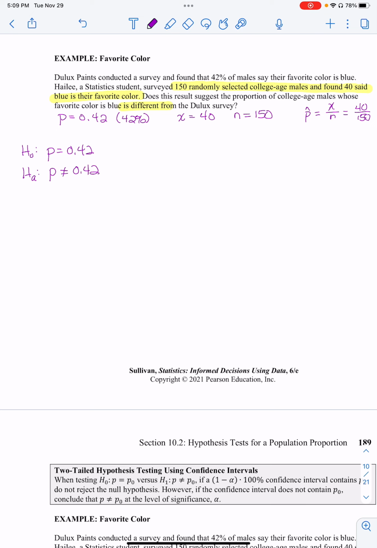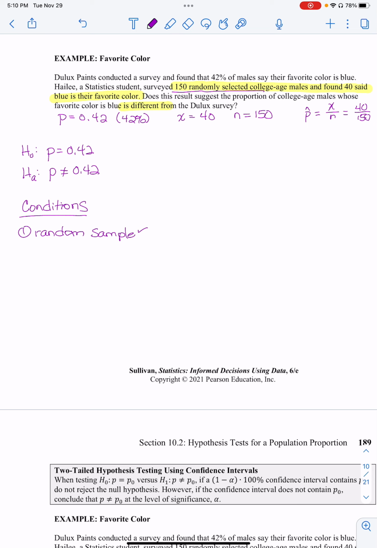Alrighty, so in order for us to know whether our sample proportion is going to be normal, we want to check our conditions. Our conditions, remember, are number one, that it's a random sample. Since it says 150 randomly selected college-age males, I think we can effectively cross that one off.